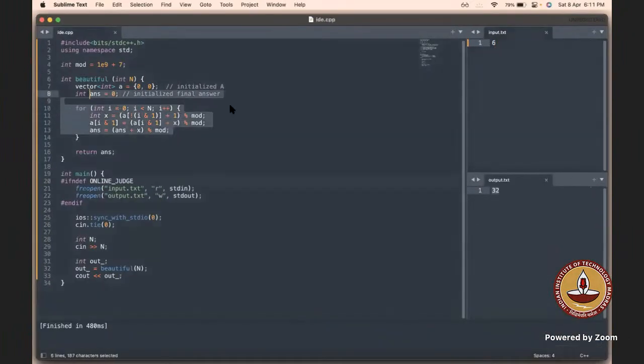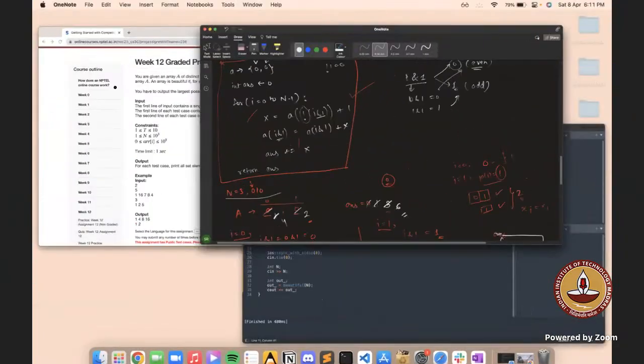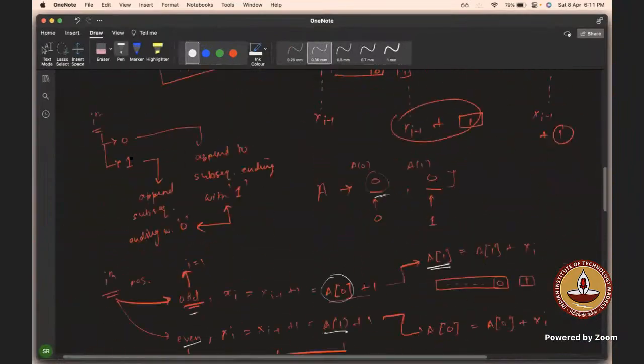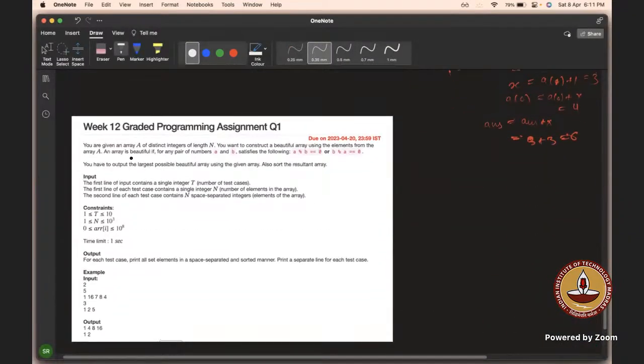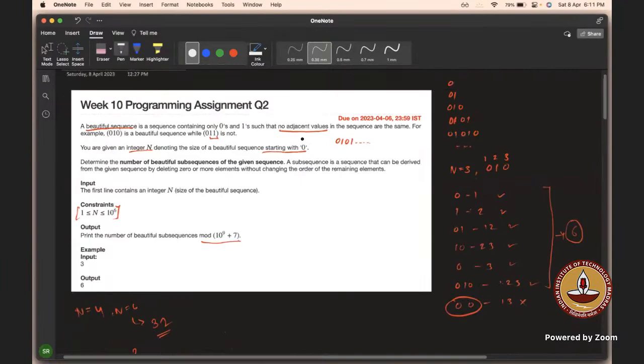I hope the code is also clear, what we are doing over here. I'll comment it. We're doing xi equals, right, I've already shown it, right? So, yep, this was the explanation for week 10 programming assignment question 2.